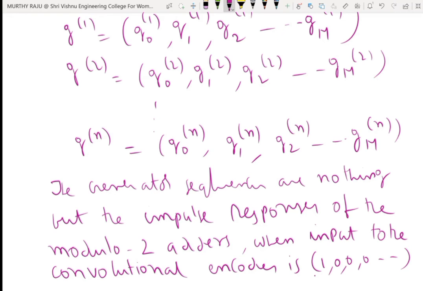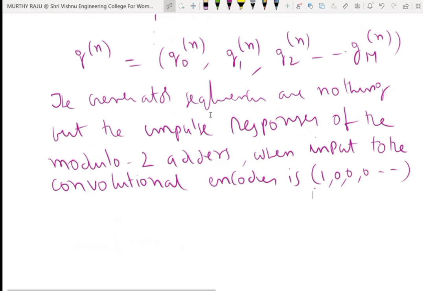Here, at n is equal to 0, the value of the impulse is 1. For the remaining values, n greater than 0 and n less than 0, the values are 0.